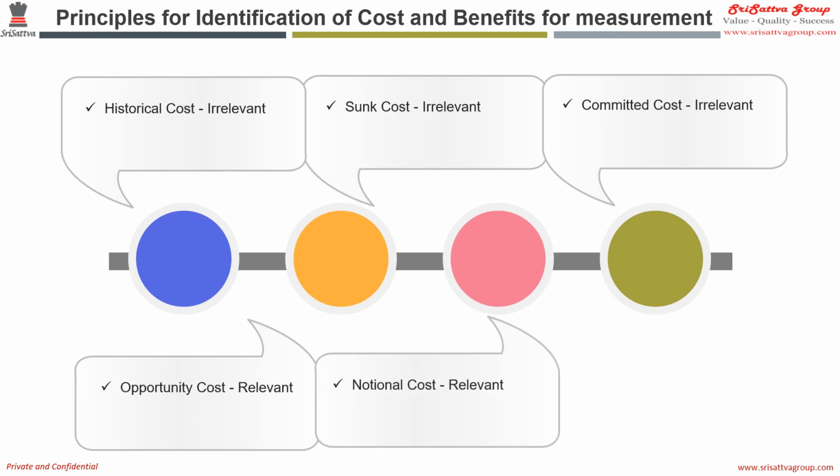Notional costs are relevant for decision making only if the company is actually foregoing benefits by employing its resources in an alternative course of action. For example, notional interest on internally generated funds is treated as a relevant notional cost only if the company could earn interest from it.